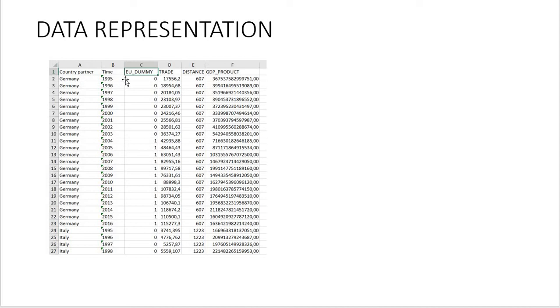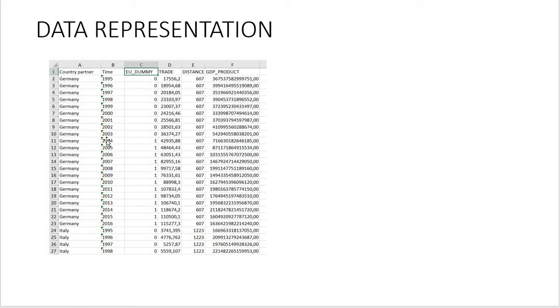In 1995, the EU dummy takes the value of 0, and it takes the value of 0 before 2004. So, even though Germany used to be a member of the European Union even before 2004, Poland joined the European Union in 2004.